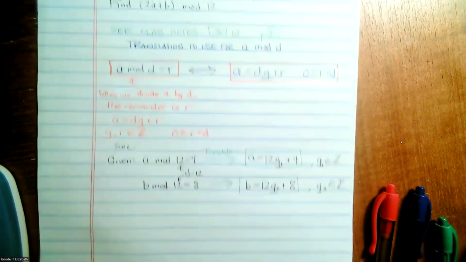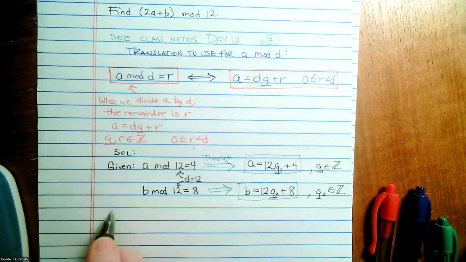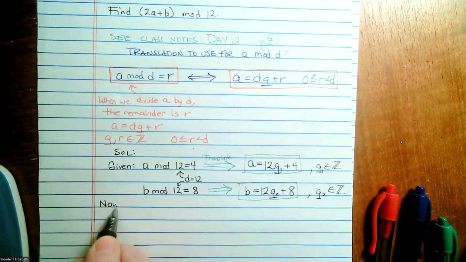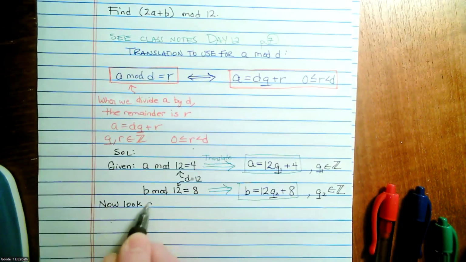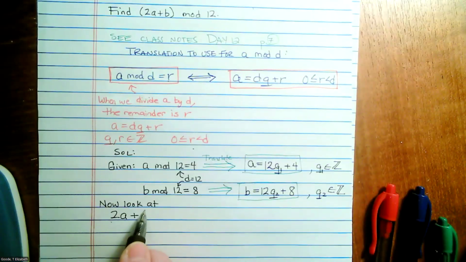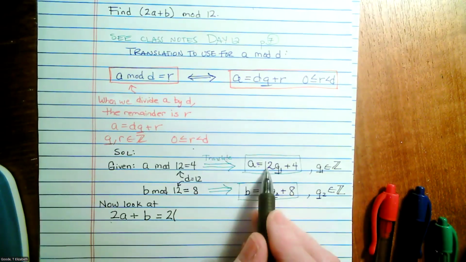And then we're asked to find out about 2A plus B. So let's look at 2 times A plus B. Well, it's 2 times A, but look what A is.